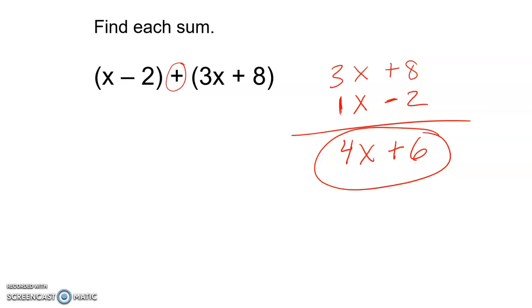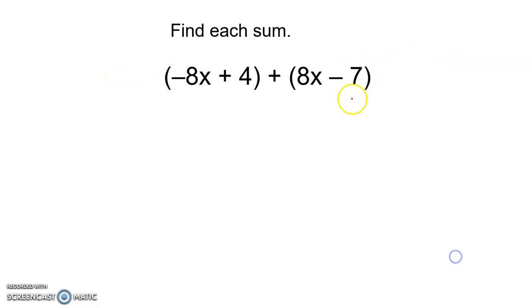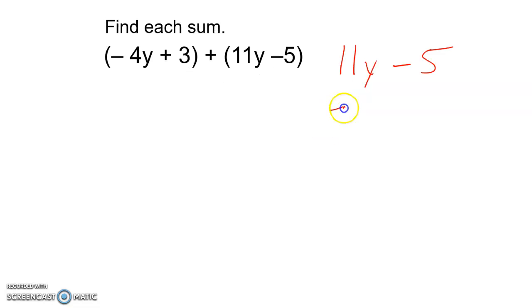Okay, let's turn the page. All right, so again, you can choose how to stack it. So try that. Remember, you can pause the video. I'm going to go ahead and put the 11y minus 5, and then the negative 4y plus 3.